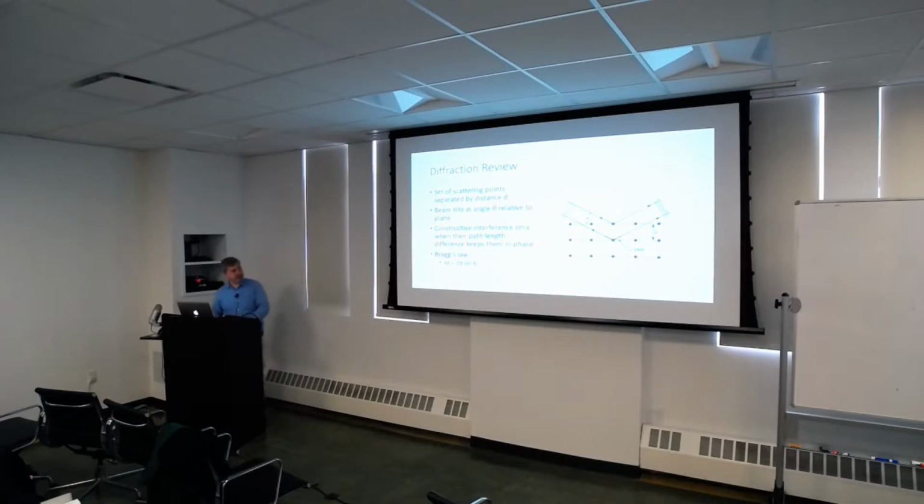So in terms of diffraction theory, you have the Bragg diffraction theory. Your molecules are modeled as a bunch of scattering points, and then you have an X-ray or incident beam coming in at some angle theta, and then it gets deflected at some angle theta. What you want is constructive interference, and you only get that when the path length is such that the two beams are in phase, so that you don't get destructive interference, and they add and get you into those diffraction points.